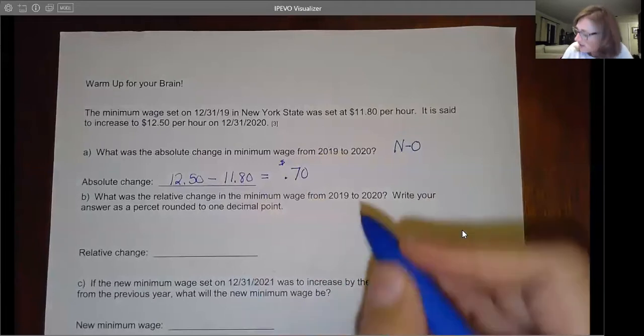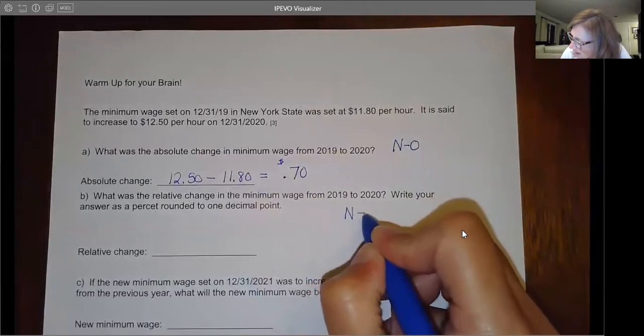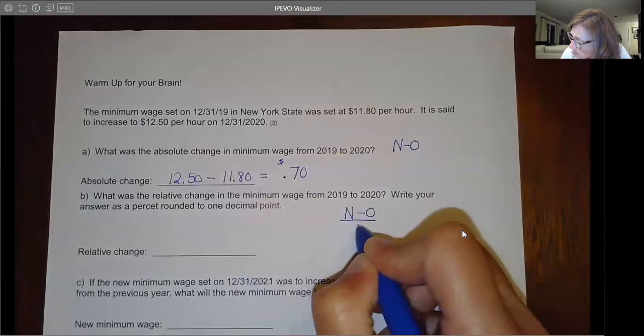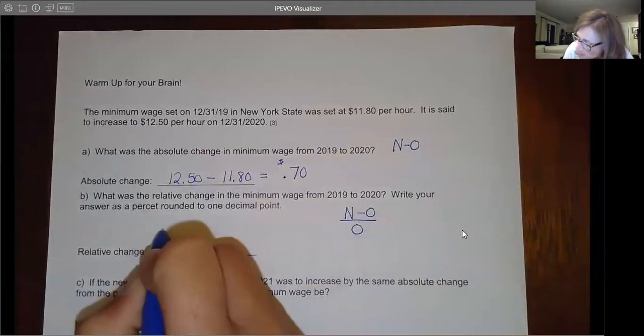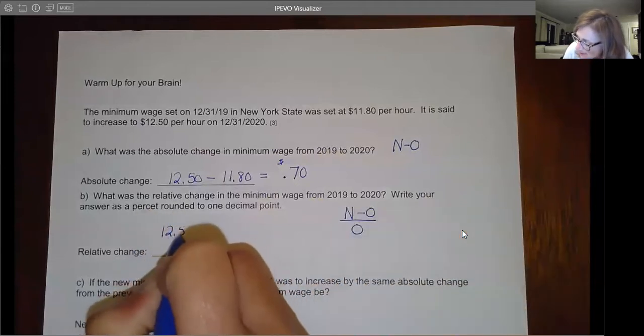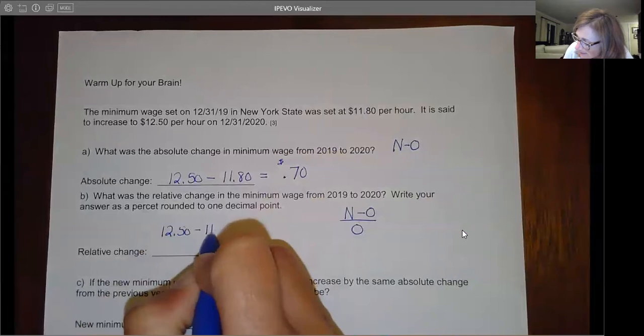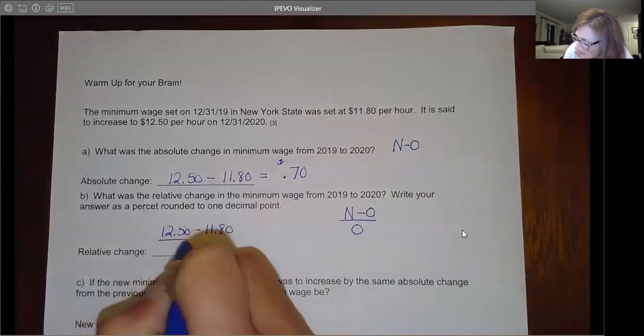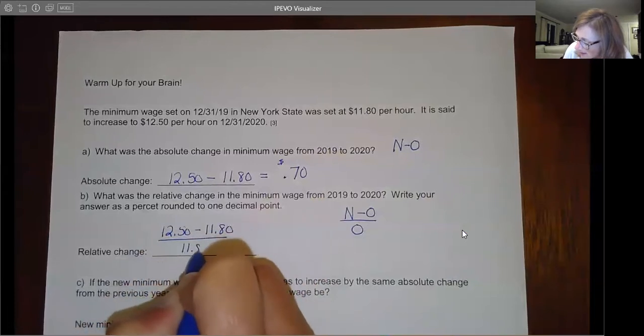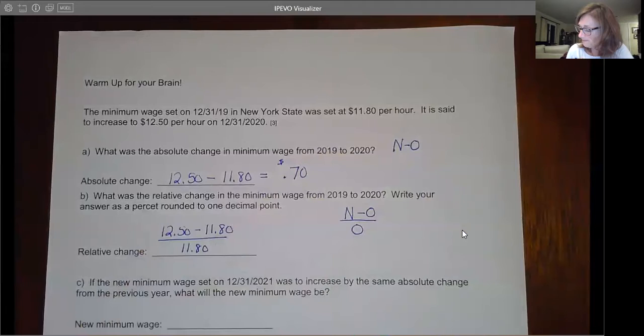Relative change is new minus old all over old. So it'll be $12.50 minus the $11.80 all over the $11.80. On your calculator, make sure you hit enter before you divide by 11.80, times 100.